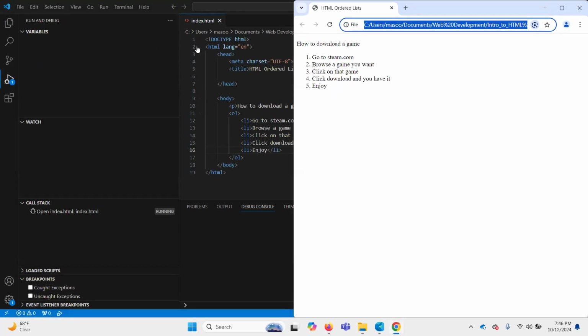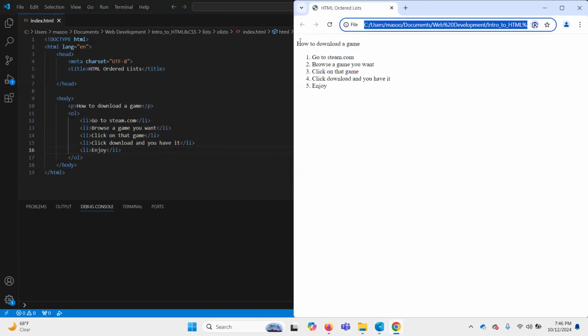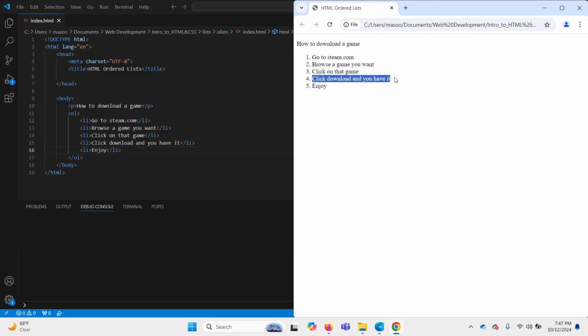Okay, here it is. How to download a game. The sequence matters here in an ordered list. So one, two, three, four, and five.